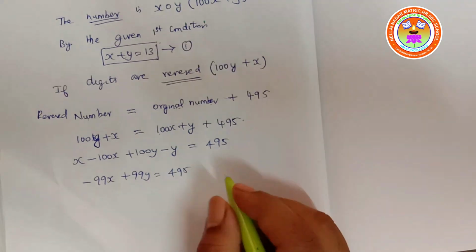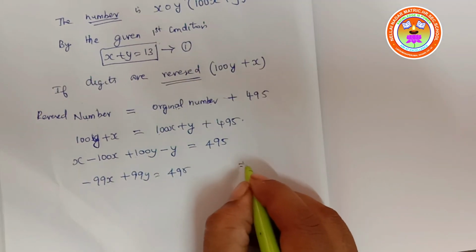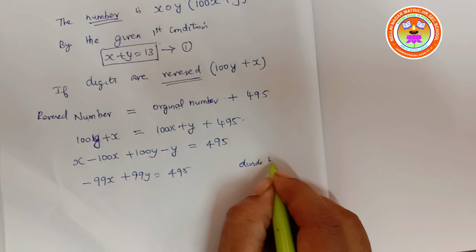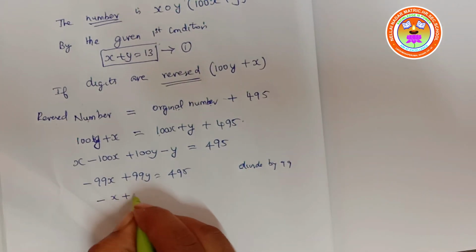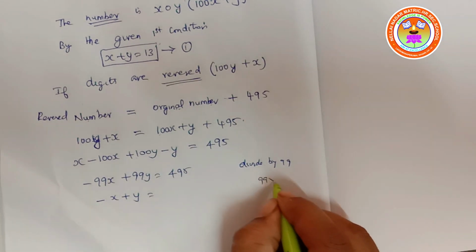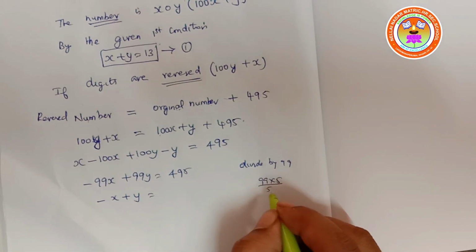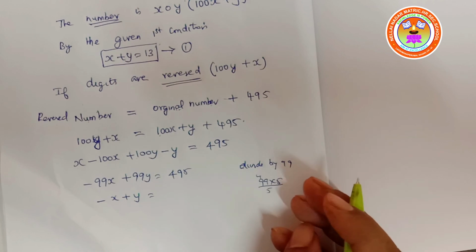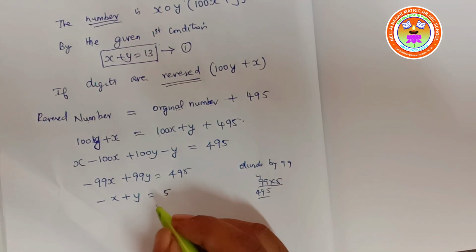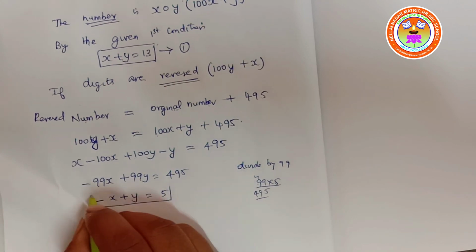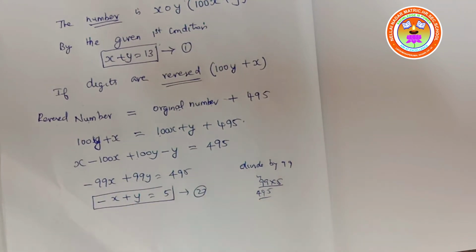Now divide by 99: minus x plus y equals 495 divided by 99, that is 5. Five nines are 45, so 495 divided by 99 is 5. Now I consider this as equation number 2.